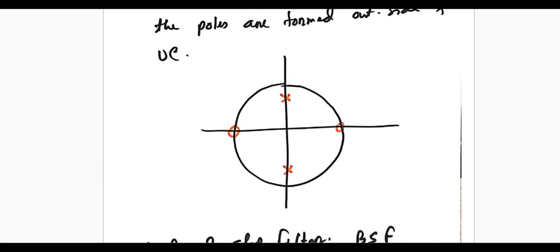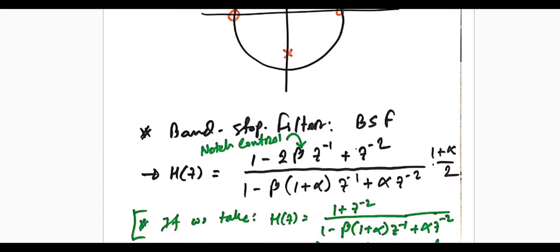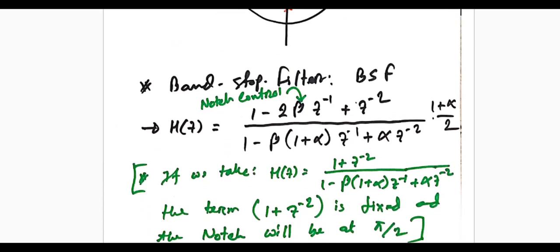At this moment, let me move on to the next section, the band stop filter. For the band stop filter, we are taking the equation exactly the same, just changing the value.